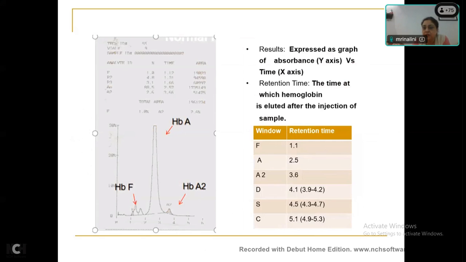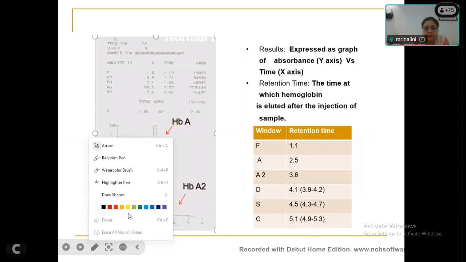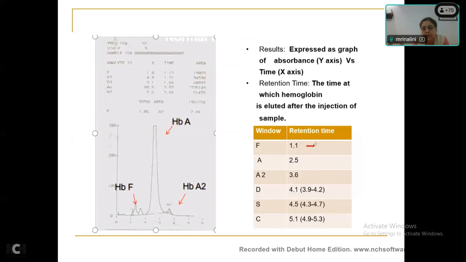The first to elute is HbF, followed by A, and then A2. HbF elutes at 1.1, followed by A at 2.5, and A2 at 3.6. Then we have HbD at 4.1, HbS at 4.5, and HbC at 5.